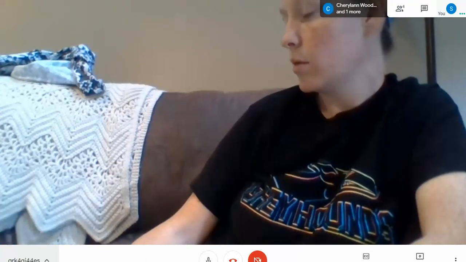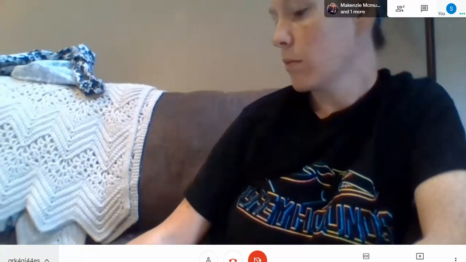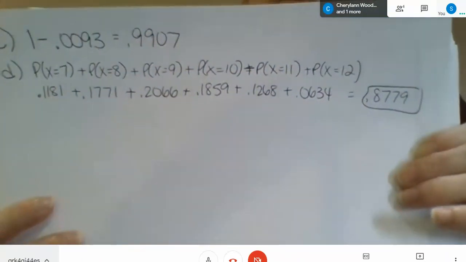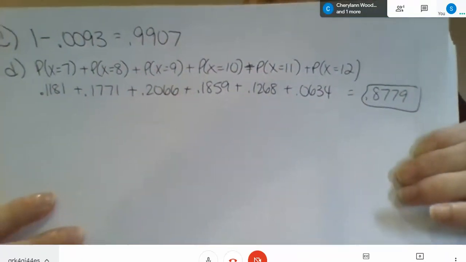So you just copy down those probabilities and add them together. So starting with the 0.1181 and moving down the column. And you get a final answer of 0.8779.